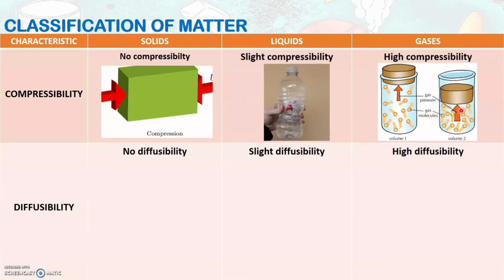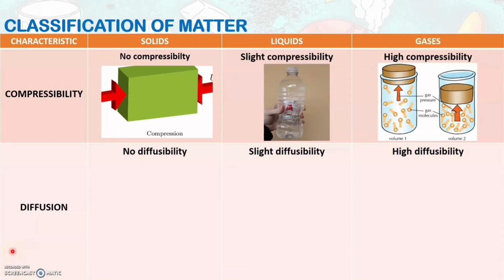Yes, which means we can reduce this in size. So this shows that gases are highly compressible. That is why we are able to compress liquefied petroleum gas or even compressed natural gas in cylinders. So we have seen that solids are not compressible, liquids are slightly compressible compared to solids, while gases are highly compressible.